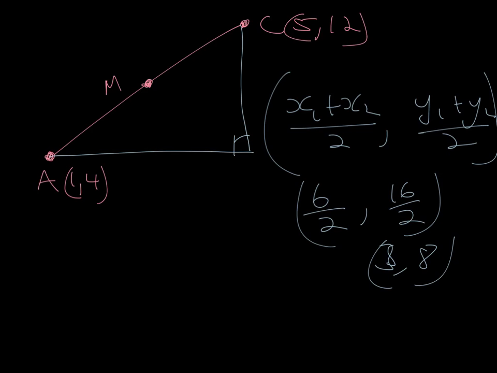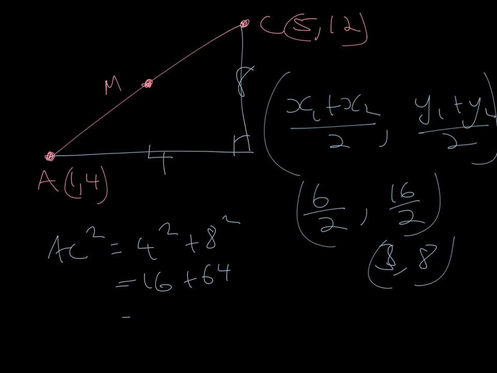So we're going to have a base of 4, and we're going to have a height similarly looking at the difference in the y coordinates of 8, and then we're just going to use Pythagoras. So AC squared is going to be 4 squared plus 8 squared, so it's going to be 16 plus 64, so that's going to be root 80, which is going to give you approximately 8.94.